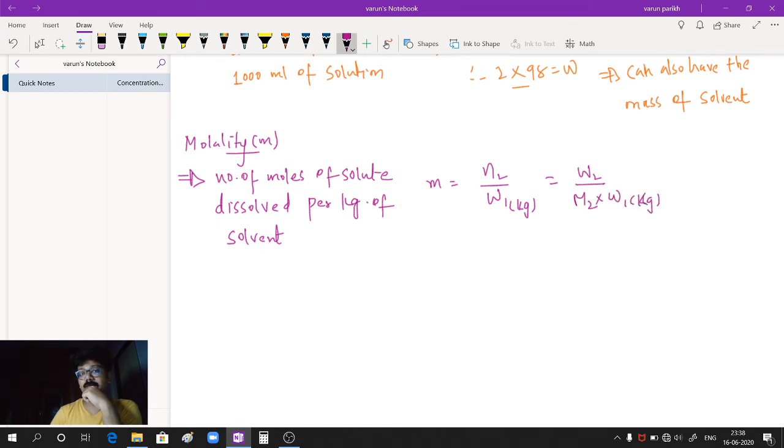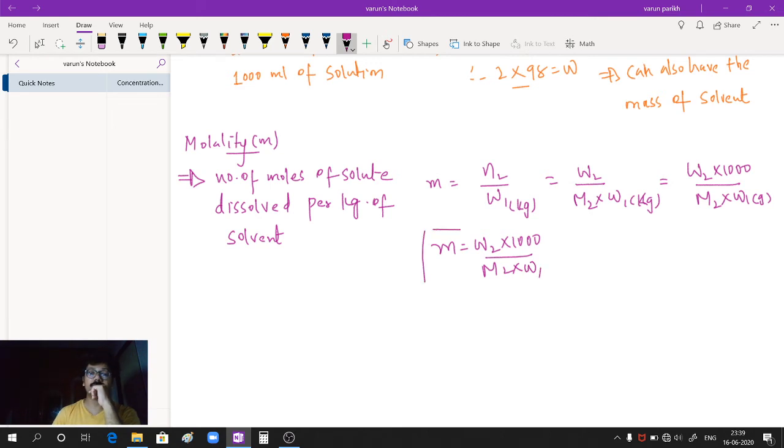As we did for molarity, something present per gram, when multiplied by 1000, becomes the quantity present per kilogram. So W2 into 1000 upon M2 into W1 in gram. This is the formula for molality: molality is equal to W2 into 1000 upon M2 into W1.